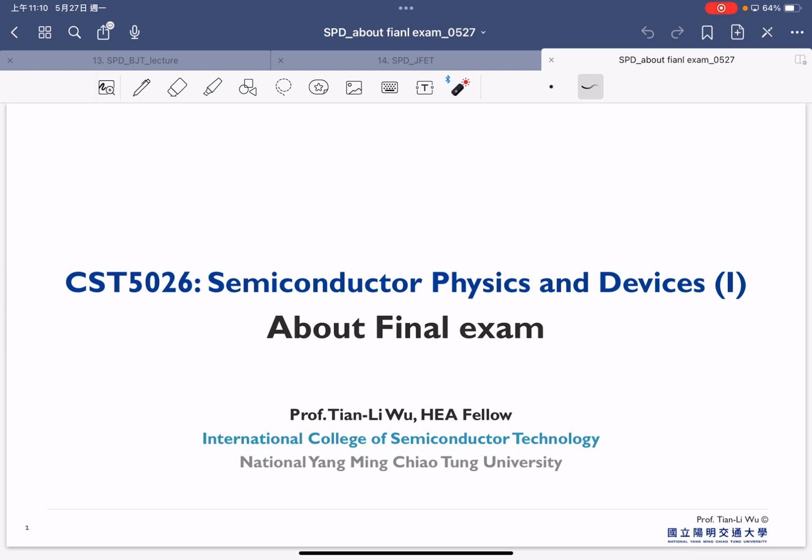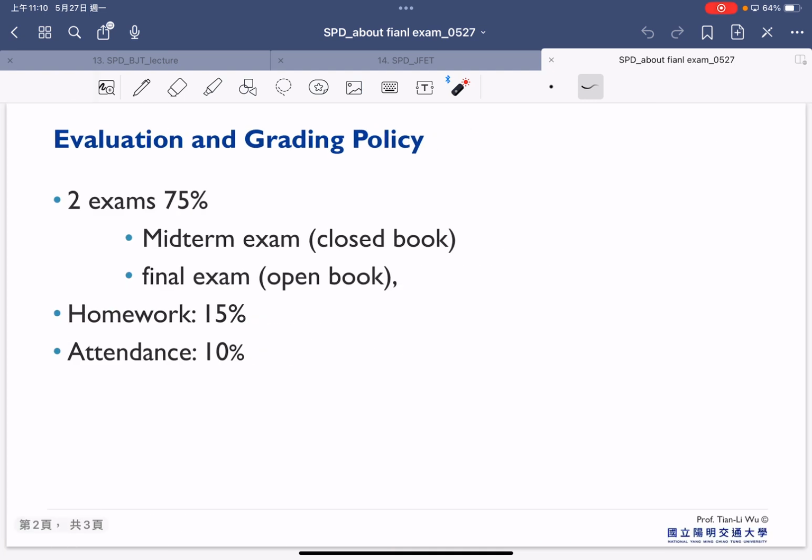So let's talk about something more related to the final exam. This was already announced earlier. We have two exams: the midterm was closed book and the final exam is open book. And we have homework and attendance.